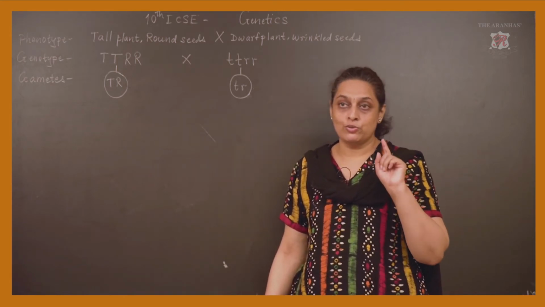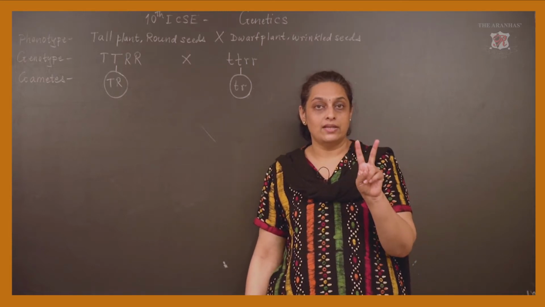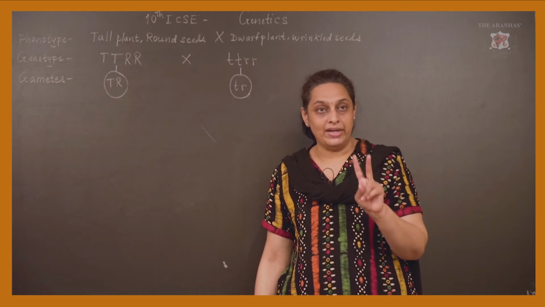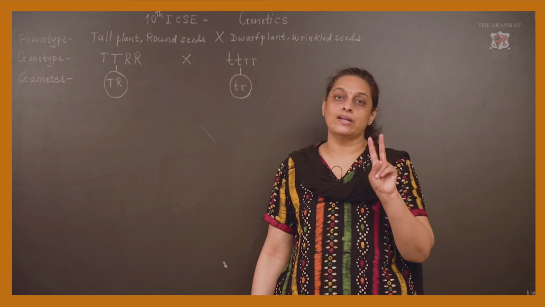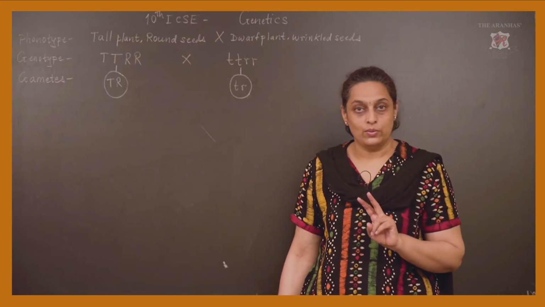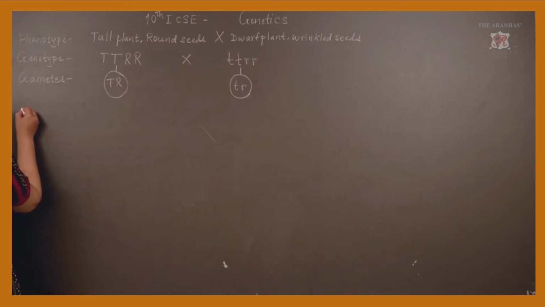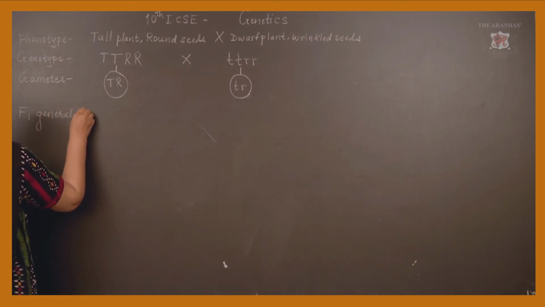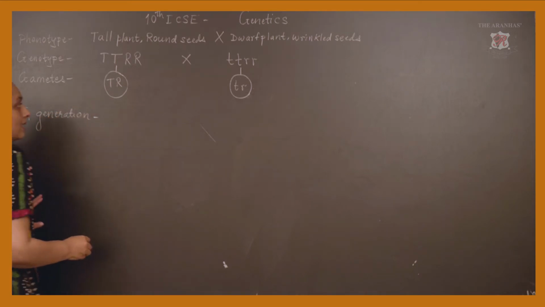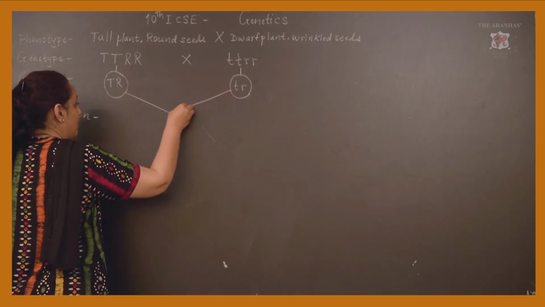Okay, so remember students, in the dihybrid cross, the 2 letters which are present in the gamete should represent both the characters which you are considering in the cross. Okay. Now, moving on to F1 generation. Now we have to write the F1 generation in this cross. F1 generation is the union of gametes.